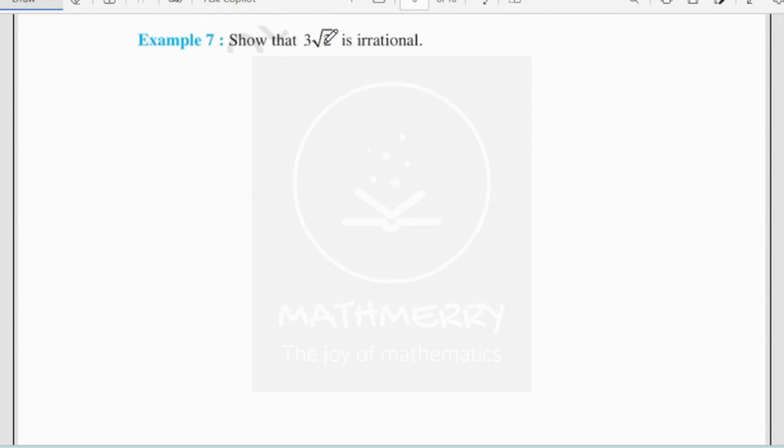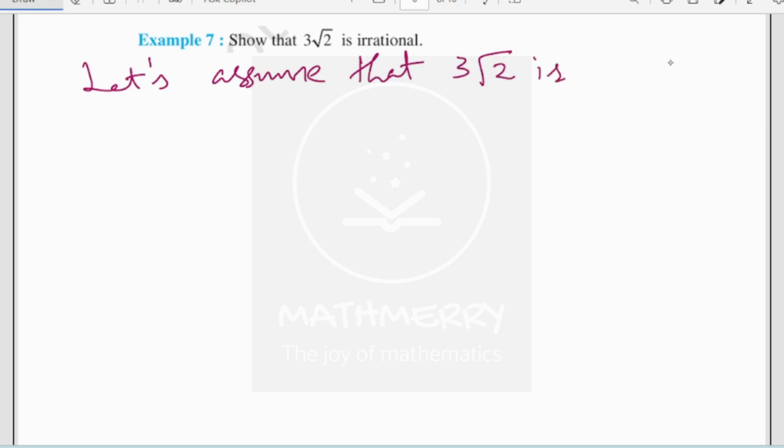So now moving to the next question, we have to show that 3 root 2 is irrational. Again the same steps. Let's assume that 3 root 2 is rational.